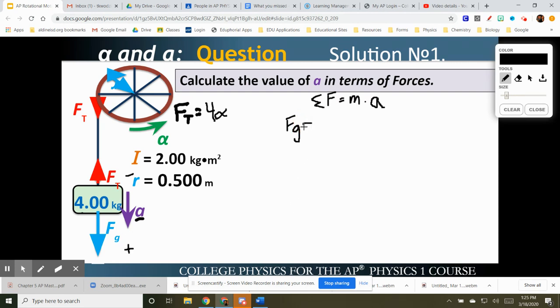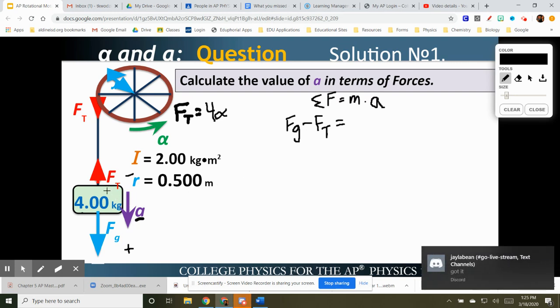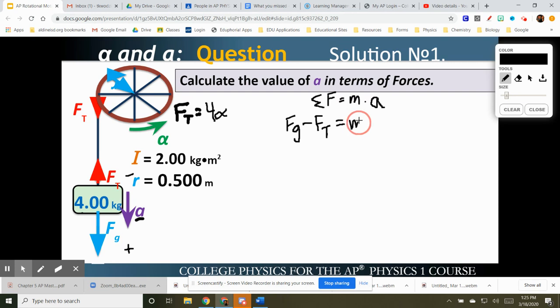So that's why we're going to say the force of gravity is a positive number, and the force of tension is a negative number. Or you can think about it this way, that the force of tension is going to restrict the acceleration. So remember, we want A.